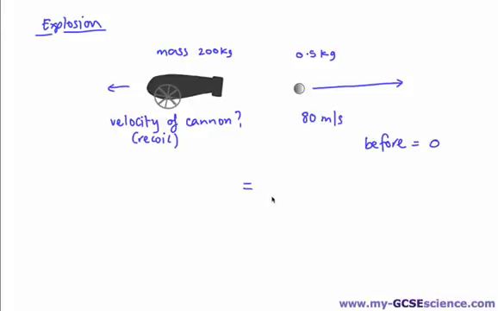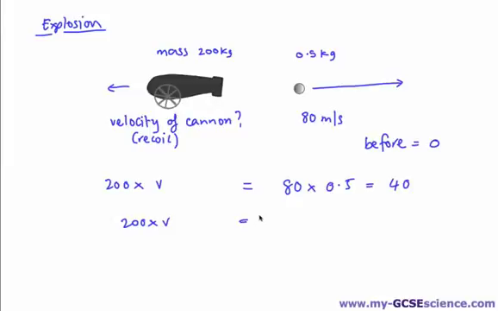Okay, so let's see if we can work out what's going on. After the explosion, we've got to add the two momentums together. So for the momentum of the ball, it's 80 times 0.5, which will be 40. And over here, we've got 200 times v equals 40.